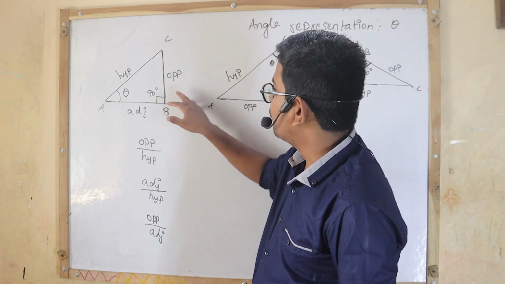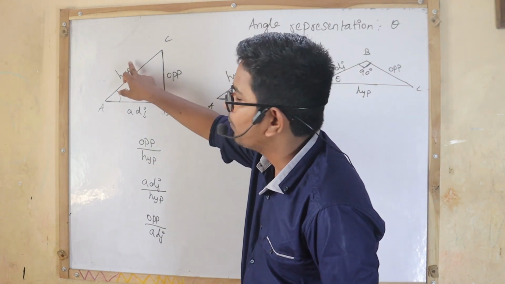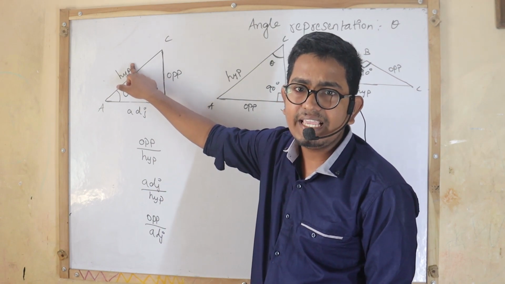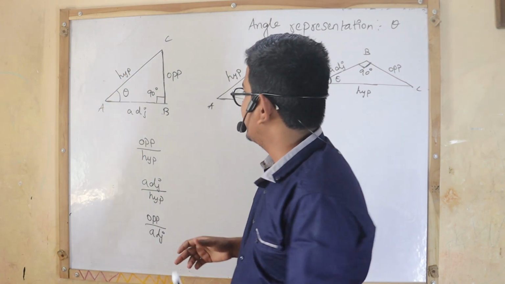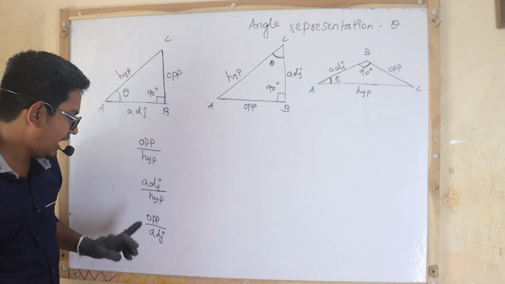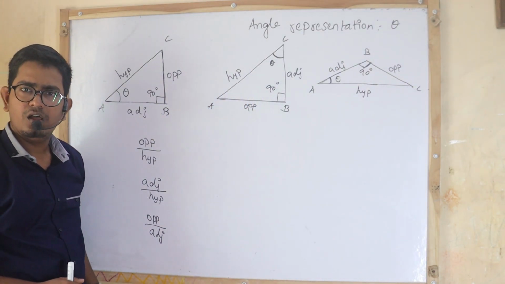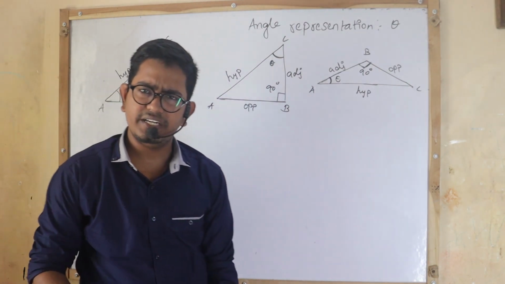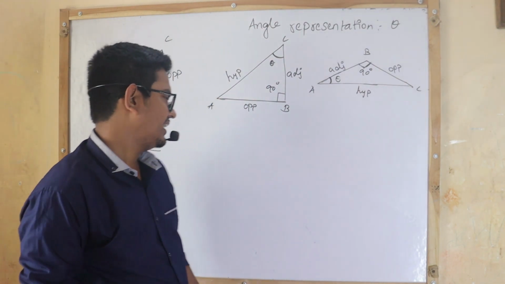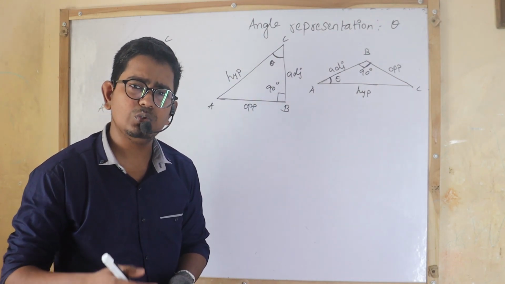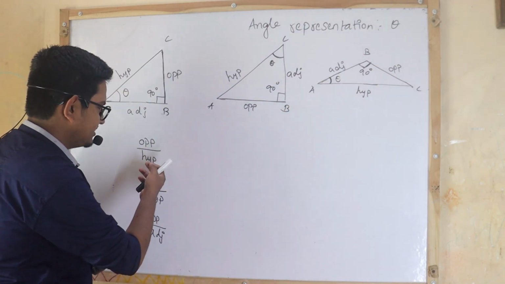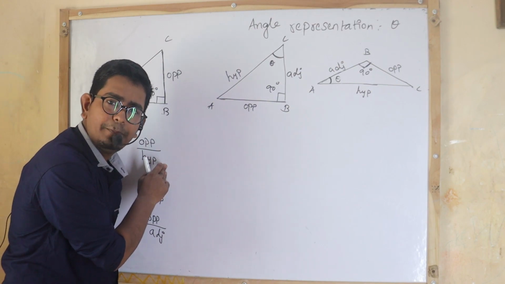So as you can see here we have three possibilities. One is the ratio of this side upon this side, then the ratio of this side upon this side, and then the ratio of these two sides. I made it. Are there any more possibilities? Yeah, there are some more three possibilities. You can see here, it is opposite side upon hypotenuse.